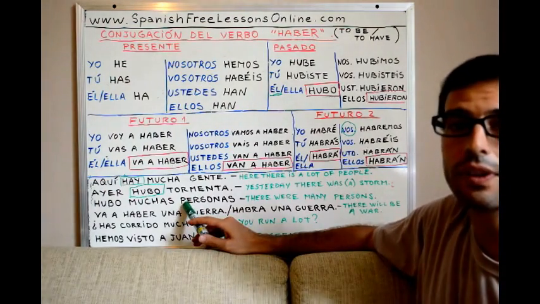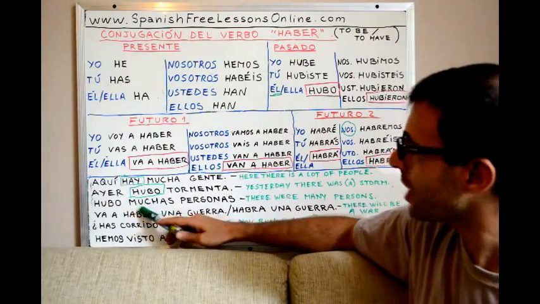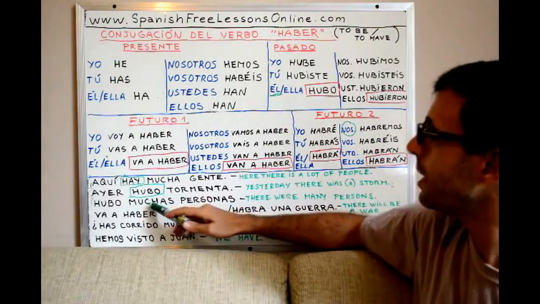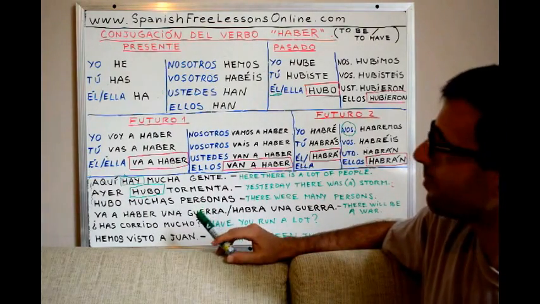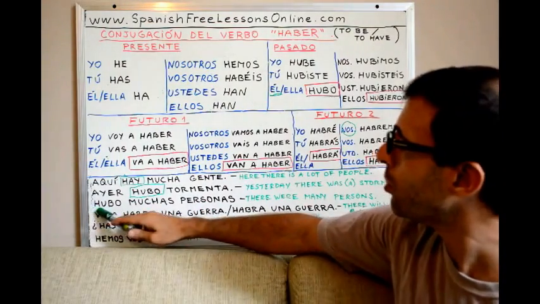So persons is countable, and you can see here muchas personas, many persons, countable, and plural, right? However, we use hubo.